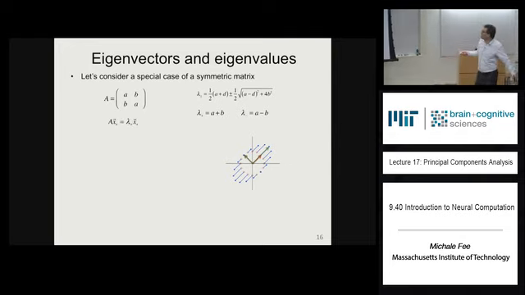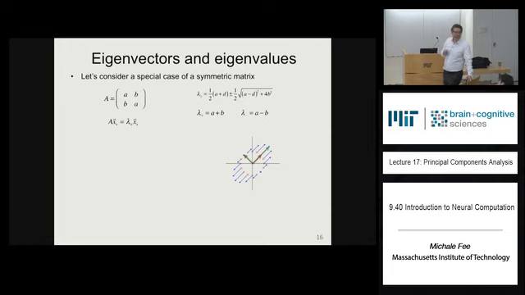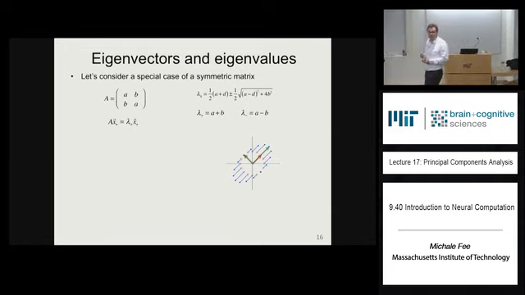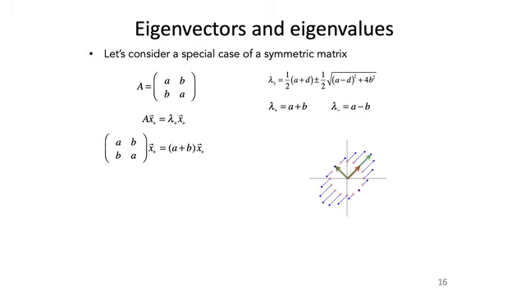And the eigenvectors can be found just by plugging these eigenvalues into the eigenvalue equation and solving for the eigenvectors. So I'll just go through that real quick. A times x. We found 2 eigenvalues, so there are going to be 2 eigenvectors.